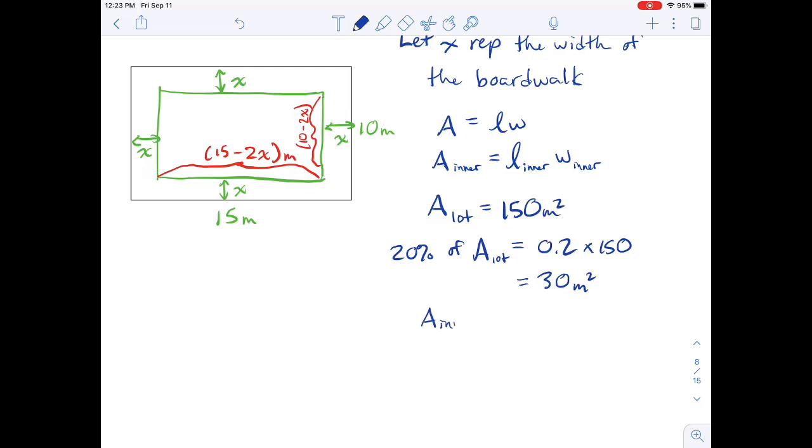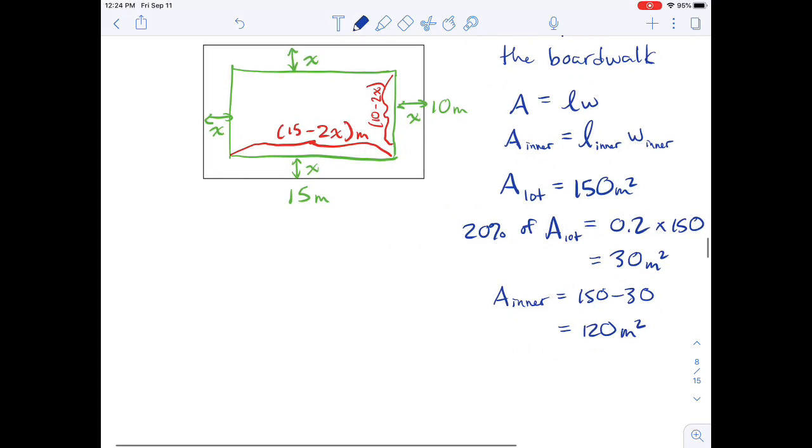But that's what the boardwalk is taking up. So that means the actual inner area that we're interested in must be 150 minus that, or in other words, 120 square meters. So that tells us, again, that the area of the inner portion, not including the boardwalk, is 120 square meters.